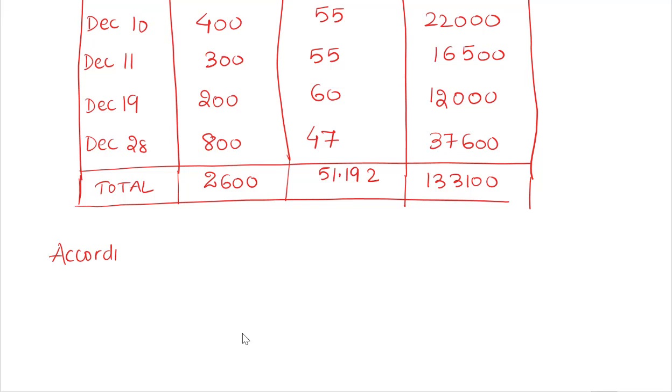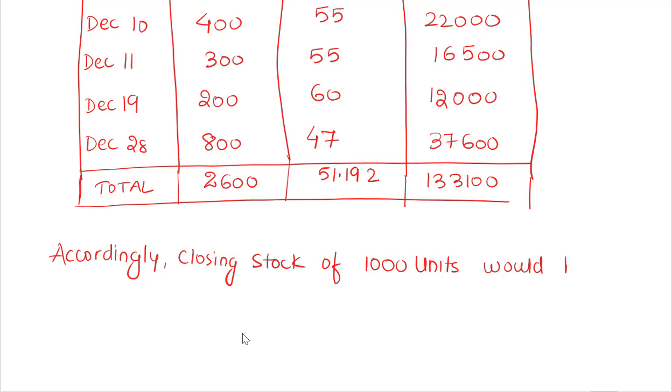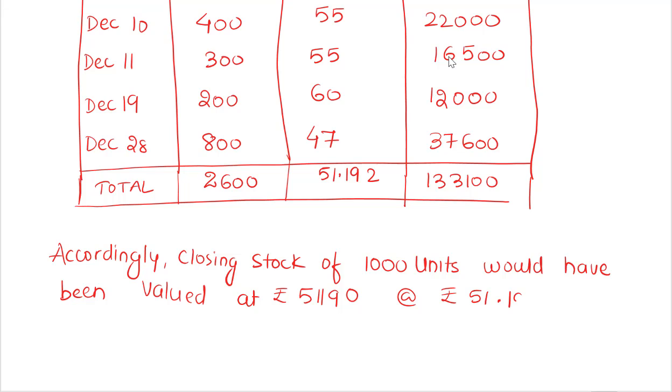Right over here, accordingly, closing stock of 1000 units would have been valued at 51,192, that is rupees 51.192 per unit.